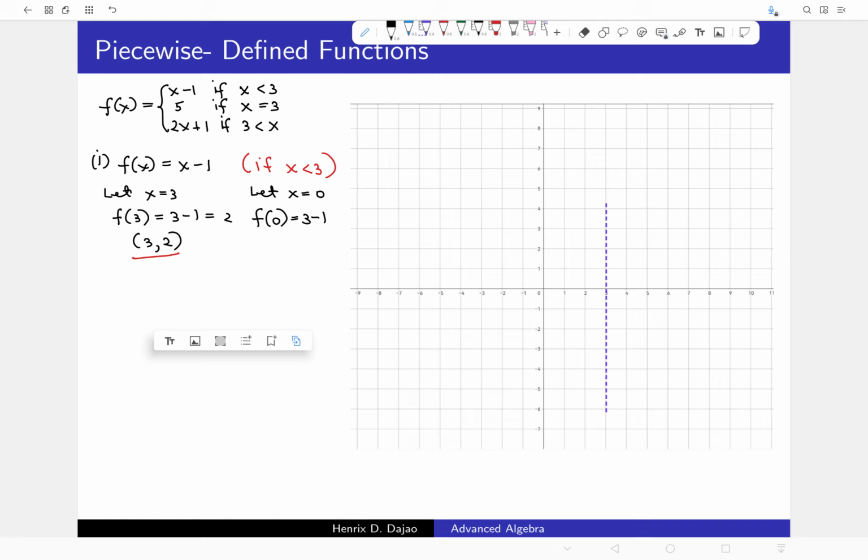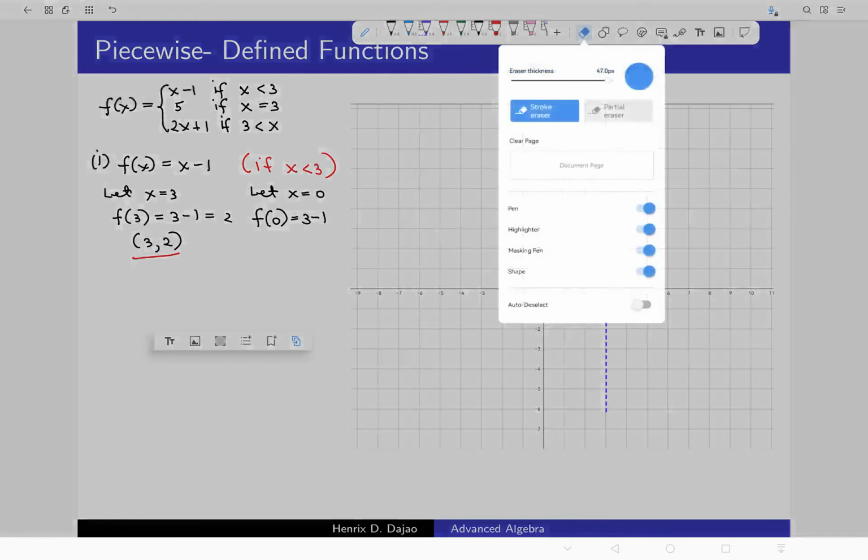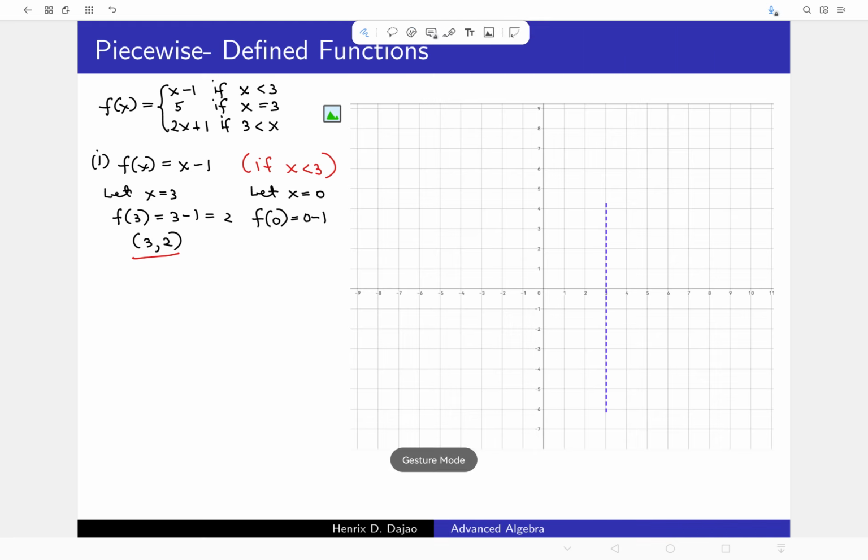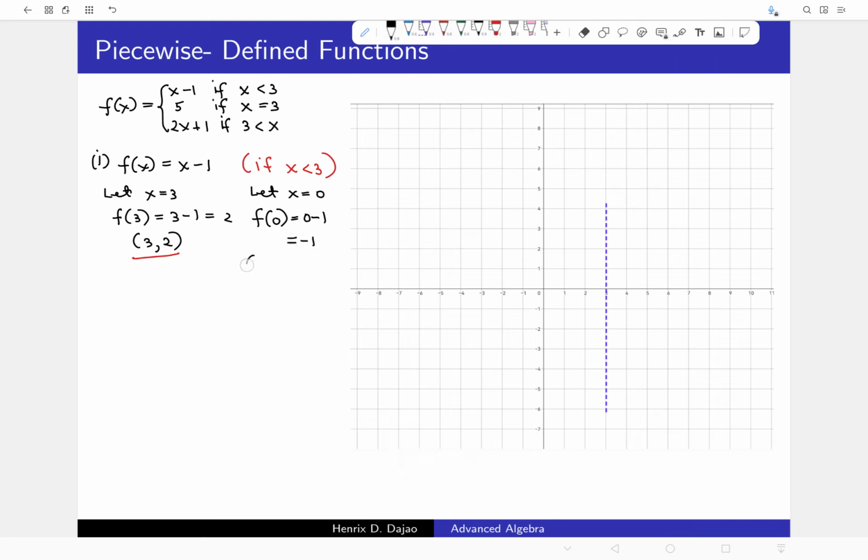I'm sorry, it should be 0 minus 1, which is equal to negative 1. So if x is 0, f of x is negative 1. So we have another point. This will be enough, we already have 2 points.